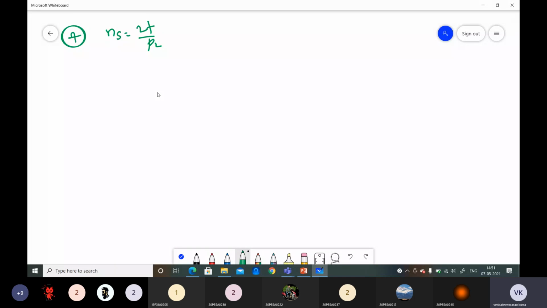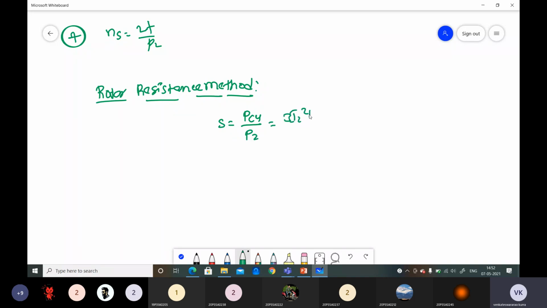Next, the second method is the rotor resistance method. In the rotor resistance method, we know the formula for slip in terms of powers: copper loss by P2, so 3I2 square R2 by P2. So slip is proportional to rotor resistance R2.